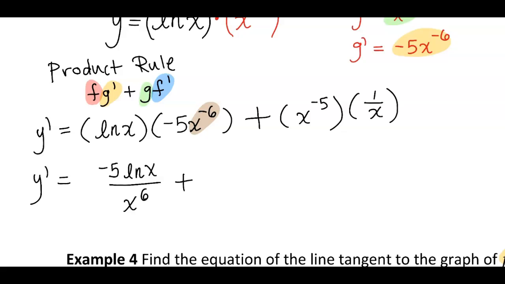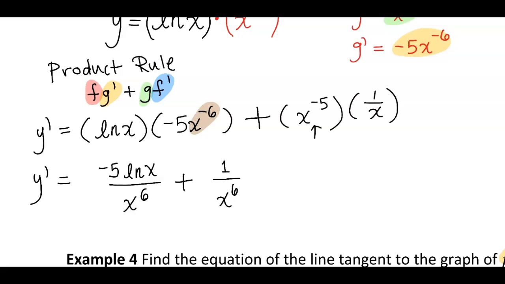Plus, and I'm looking at this. What is this? That is 1 over x to the 5th power, isn't it? So what that means is if I multiply 1 over x to the 5th power by 1 over x to the 1st power, we will get 1 over x to the 6th power. This is awesome.